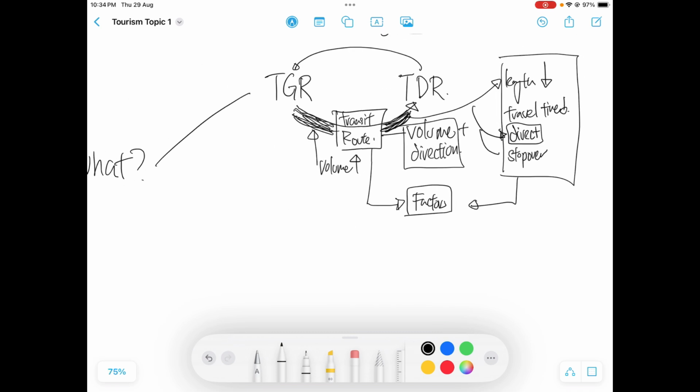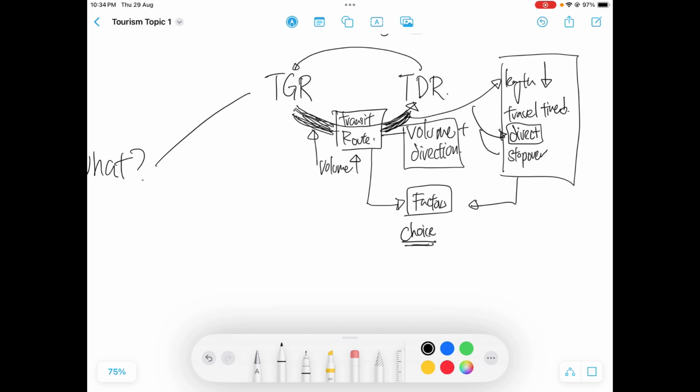For example, from Singapore to London, there are more than 10 flights available every single day, as compared to Singapore to Madagascar, where there's only one direct flight, perhaps once in 2 weeks. So which flight would you have taken? That actually influences the choice of a tourist.